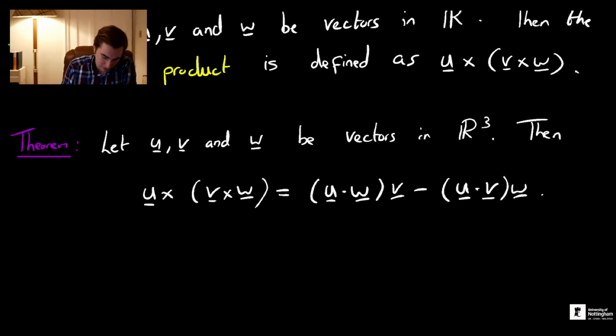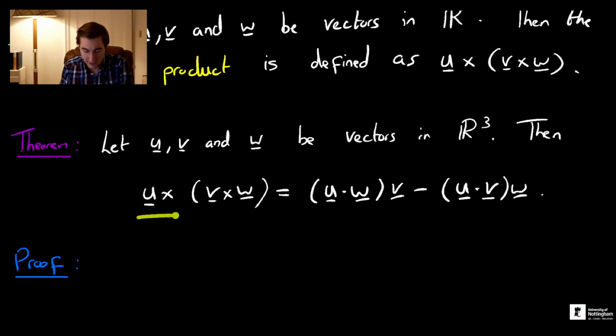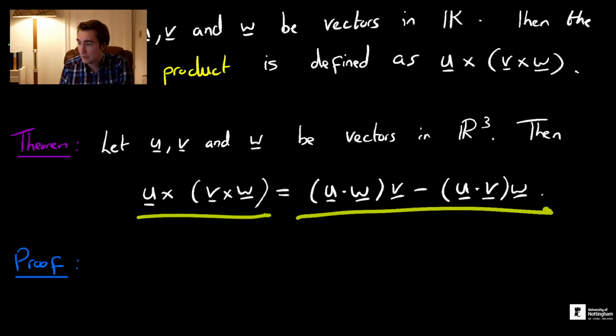So as I've said here, I can write the idea of the proof, which is also in the notes. But you can do the others yourself. We're not going to look at every single component of this. The thing on the left-hand side is a vector, and the thing on the right-hand side is also a vector.